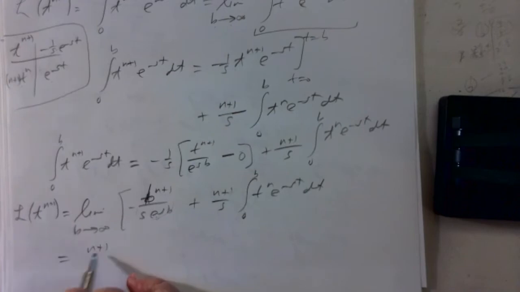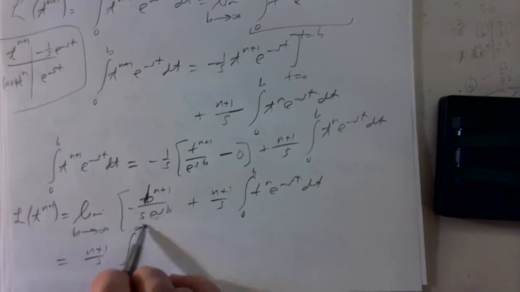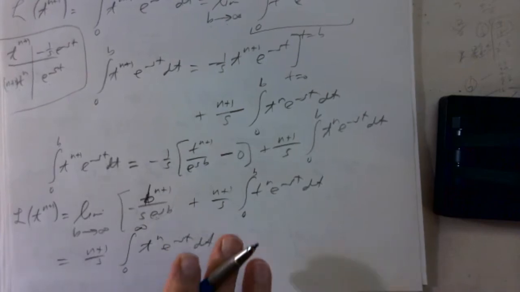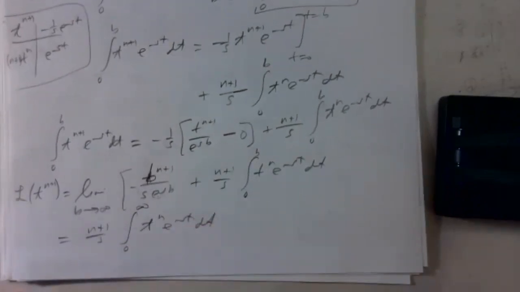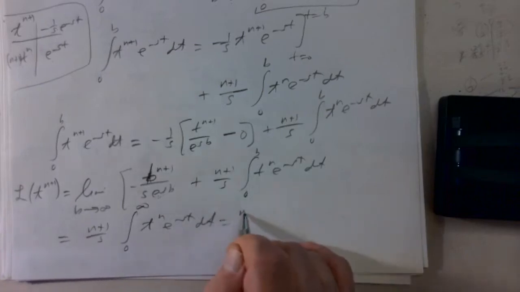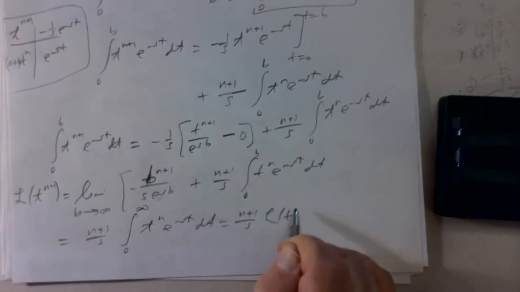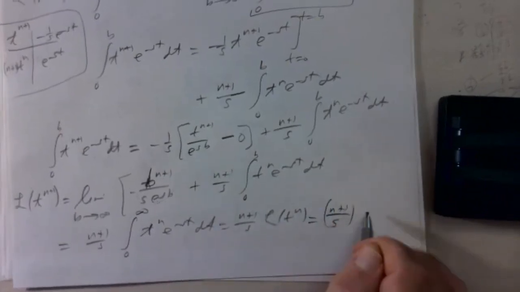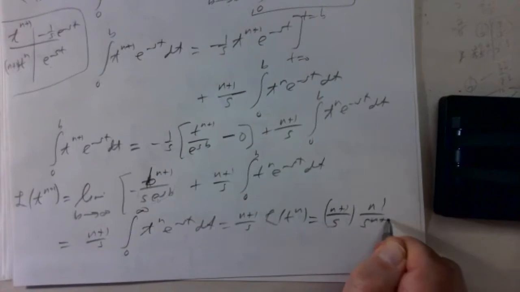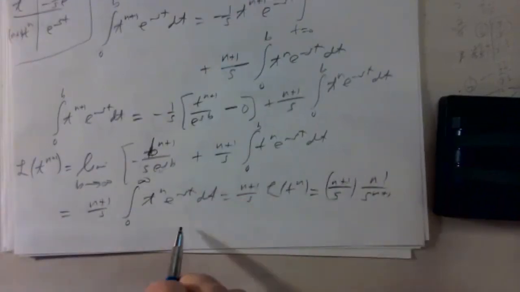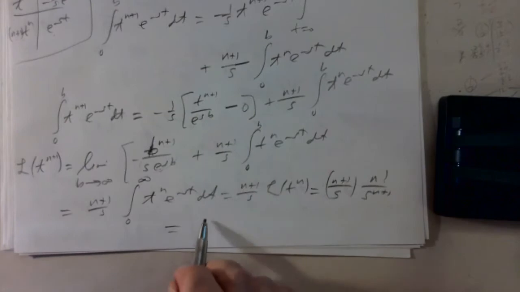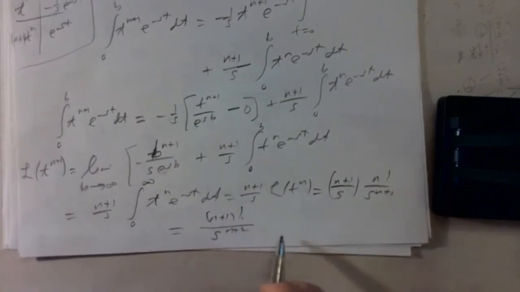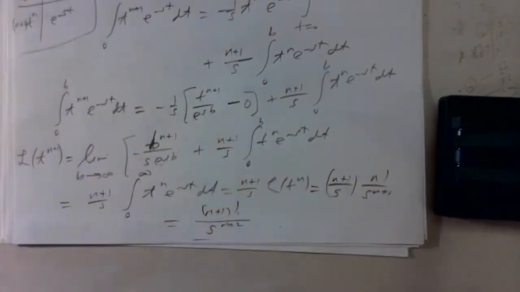We get n plus 1 over s, the integral from 0 to infinity of t to the n e to the minus st dt. This is the Laplace transform of t to the n, which is n factorial over s to the n plus 1. n factorial times n plus 1 is n plus 1 factorial, over s to the n plus 2.